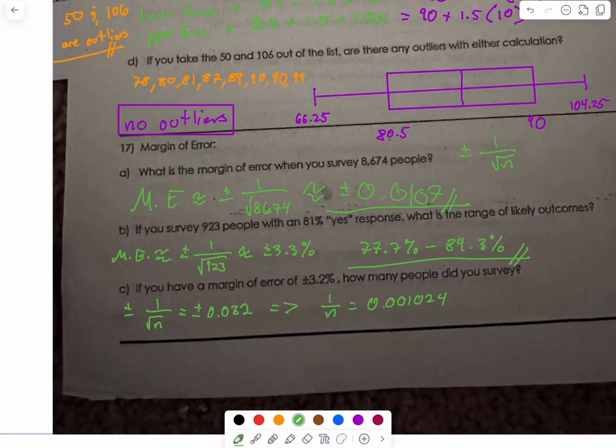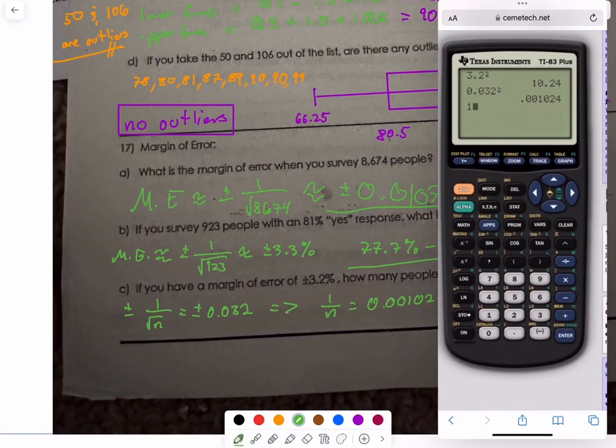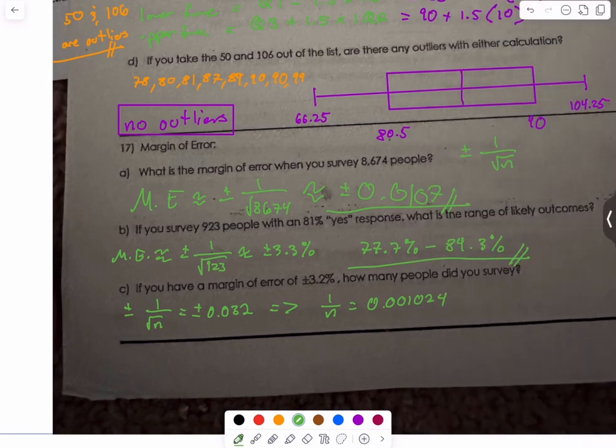So then when we flip both sides, we're going to say 1 divided by that answer. So about 976 to 977 people. We'll say about 977 people.